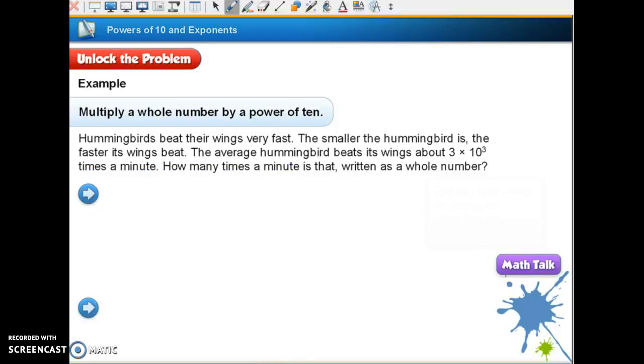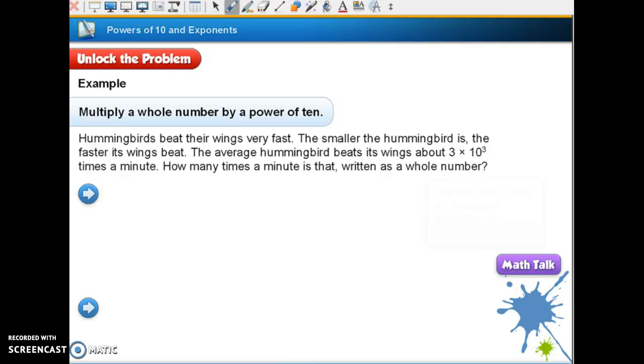Okay. Now we're on the unlock the problem. On the other side, it says multiply a whole number by a power of 10. Hummingbirds beat their wings very fast. The smaller the hummingbird is, the faster its wings beat. The average hummingbird beats its wings about 3 times 10 to the 3rd power, or the 3rd power of 10.